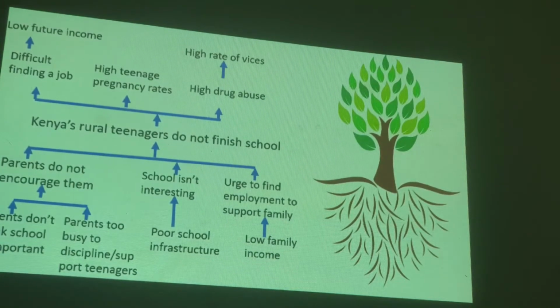So you see, again, a problem tree analysis, situation analysis, leading us to propose some of the possible reasons why there's that problem. The roots, as you have seen, the tree, and the trunk.